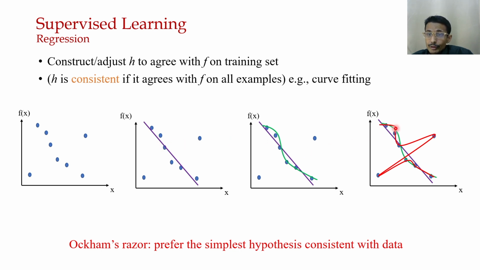Again, we can go for another, even more complicated curve. In our successive discussion, we will call this model complexity. There is a principle, Occam's razor, that we always prefer the simplest hypothesis consistent with the data.